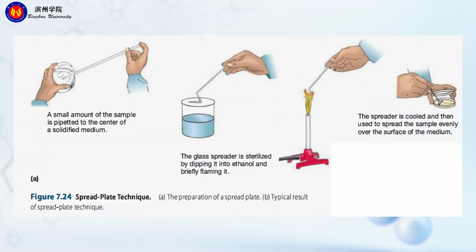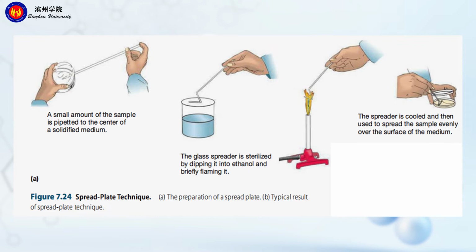Firstly, let's see the spread plate technique. Usually, a small amount of the sample is pipetted to the center of a solidified media. Then we use a glass spreader.